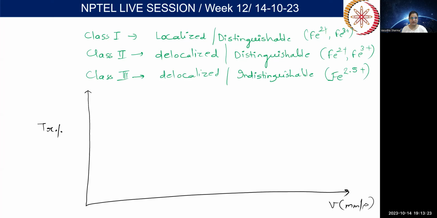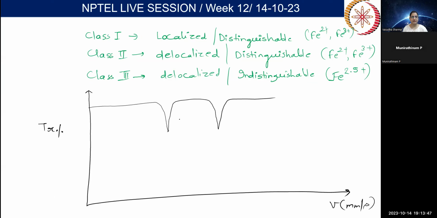If I'm starting with this particular state, this is the case where I'm considering that EFG is non-zero for all the cases. That means splitting will occur. So this is the spectra observed at 287 Kelvin.